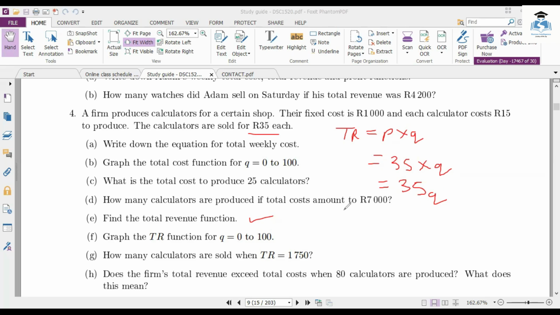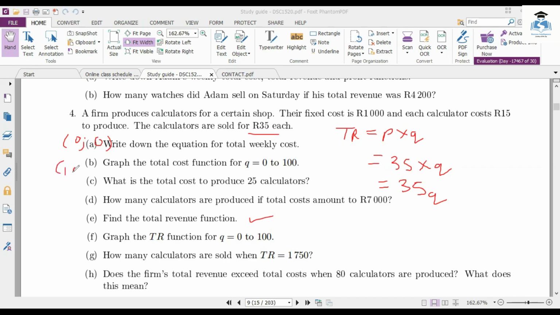Now we want to create our coordinates. When Q is equal to 0, what will be our TR? We substitute with 0 in 35Q. Zero.